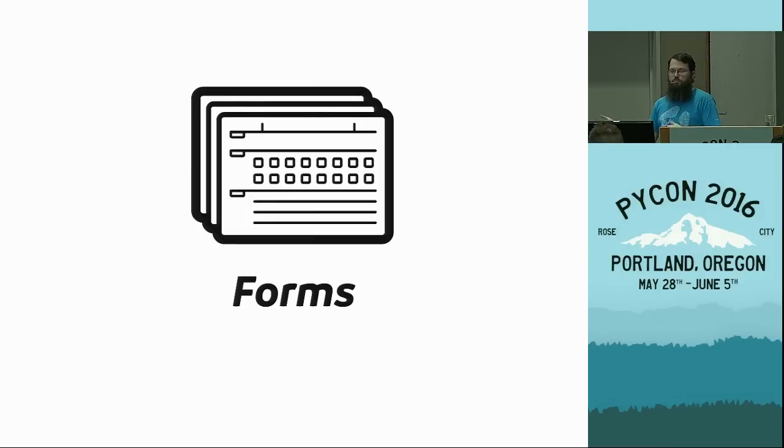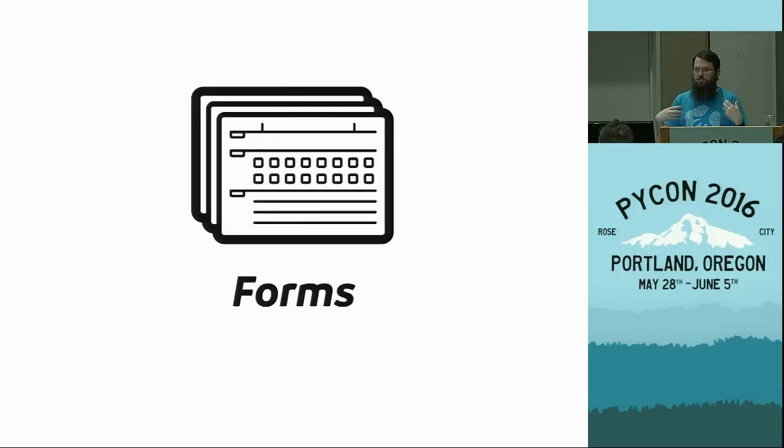Forms are another large part of Django. They kind of serve two purposes. They give you a really fast, easy way to create HTML input for users to give you data. So you get input fields and text areas and all of those bits and pieces that you're used to seeing in a web app. A better use for them, at least in my opinion, or a more interesting use, is that you can use them to validate any data that you want.